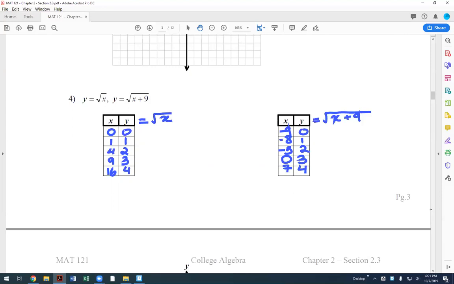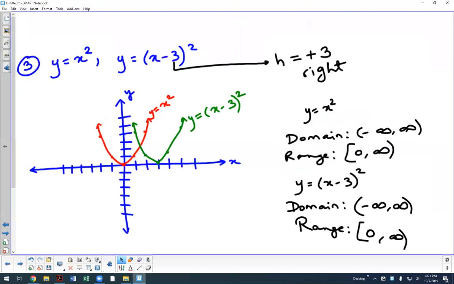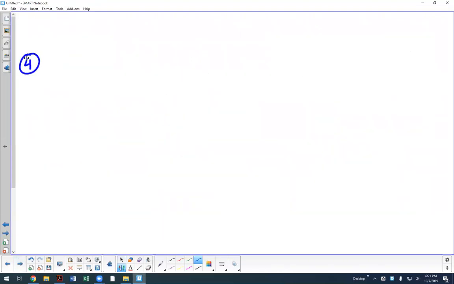Now, on the square root of x, you won't really be able to use the 16 and 4 ordered pair, right? Because we are again looking at a 10 by 10 grid. But those first 4 values should be able to get you a decent graph. So this is going to be number 4.